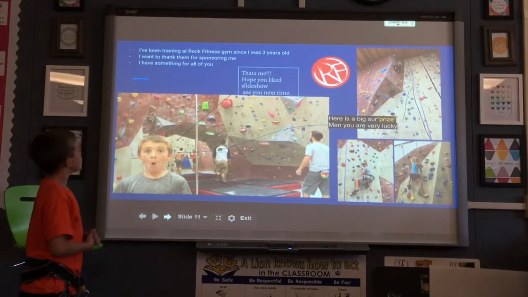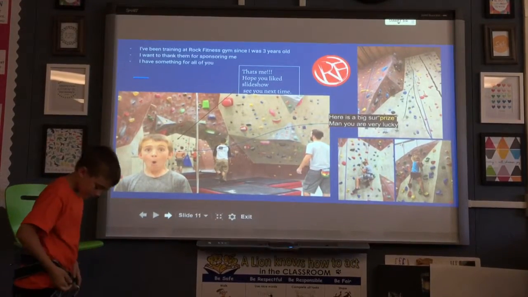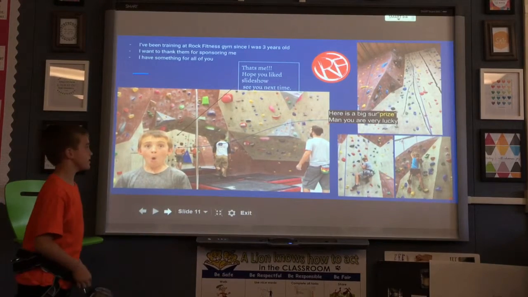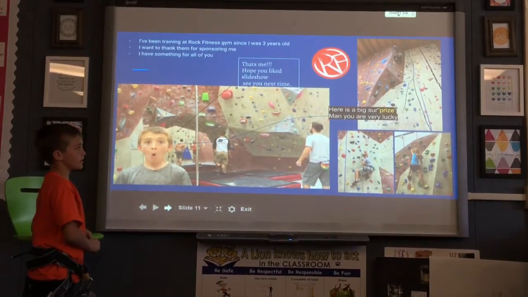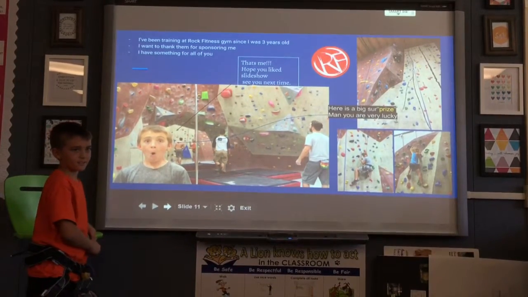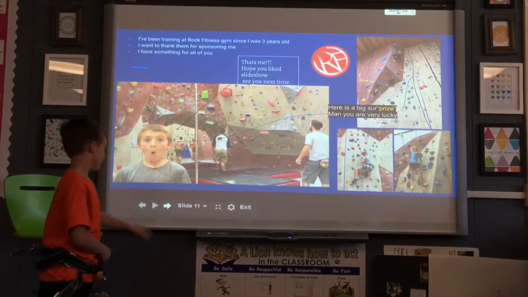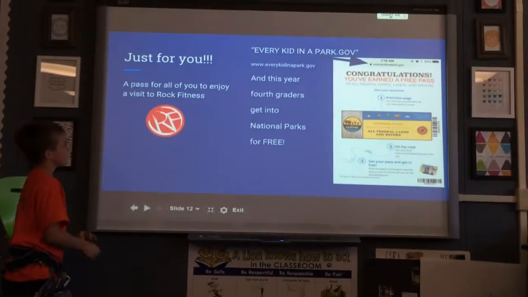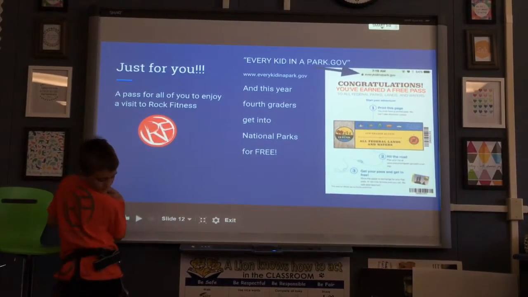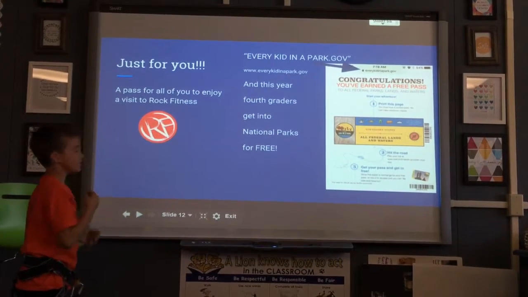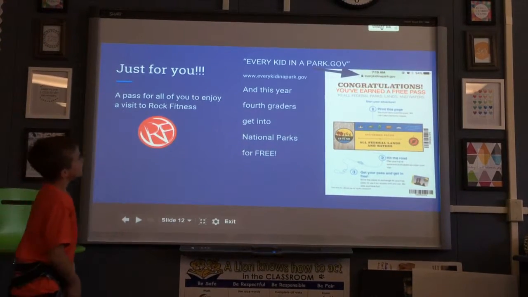So they gave me some equipment. You can see that I'm wearing, and you can see on my shirt the Rock Fitness logo is on it because they gave me this shirt.